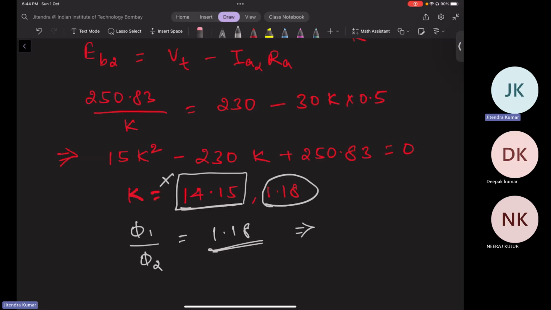In subjective type of questions, you should not write that we can easily discard this value and proceed with the 1.18 value. Both are completely valid values. But the ratio of speed increment should be in the range by which you are changing the speed. So in that sense, 1.18 is the reasonable value. Does that make sense?